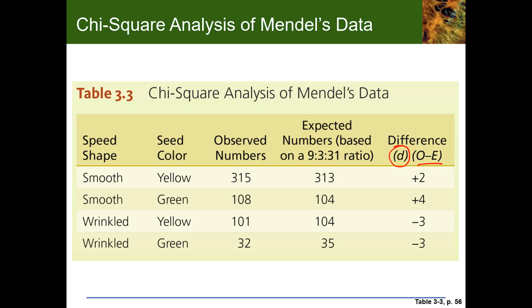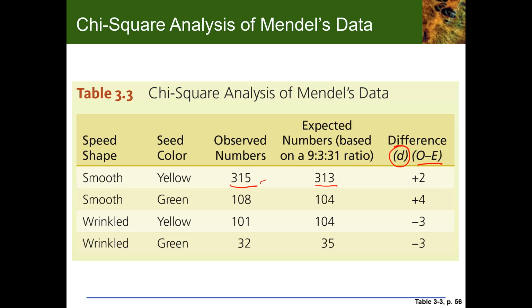If you look at the observed, Mendel observed 315 yellow smooth. Now, based on the probability of these ratios, 9:3:3:1, and the total number of plants that he worked with, 313 should have been smooth yellow.